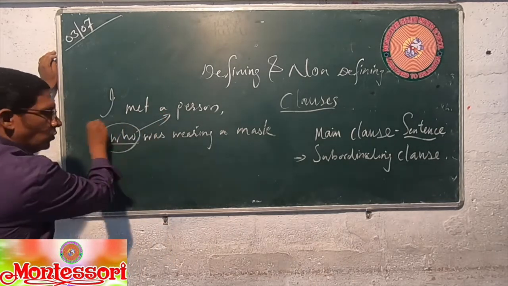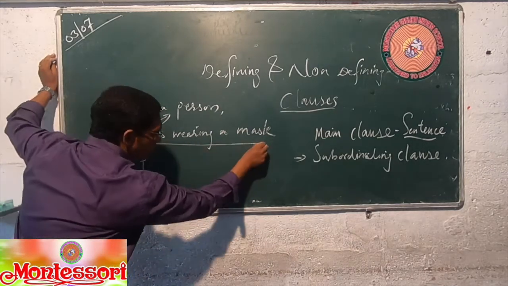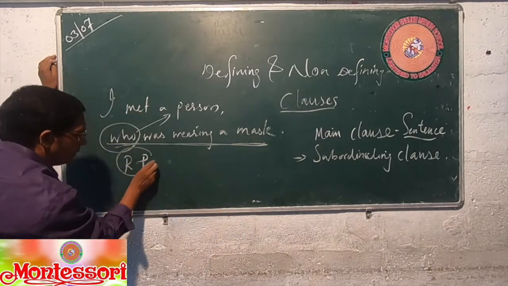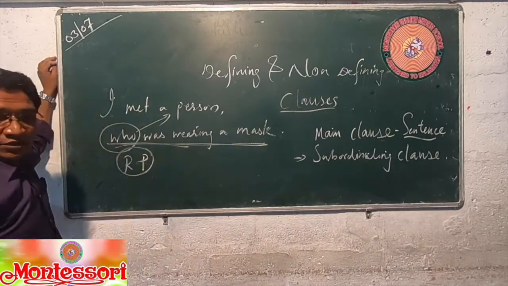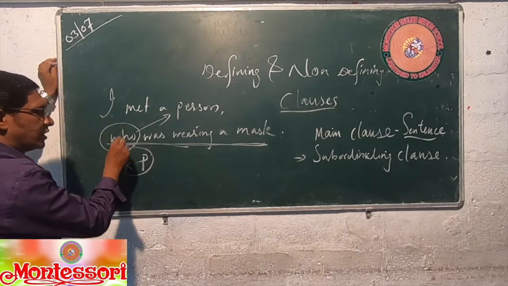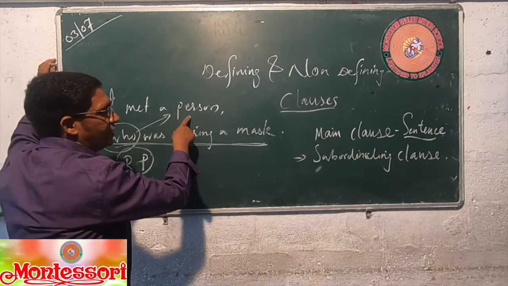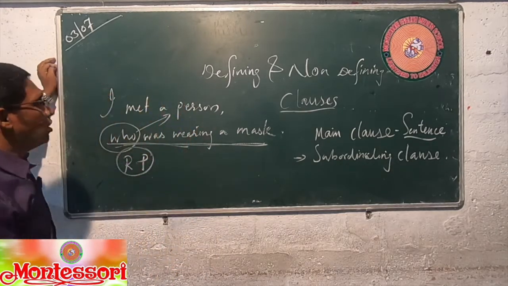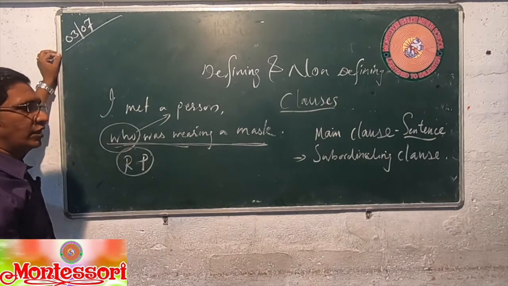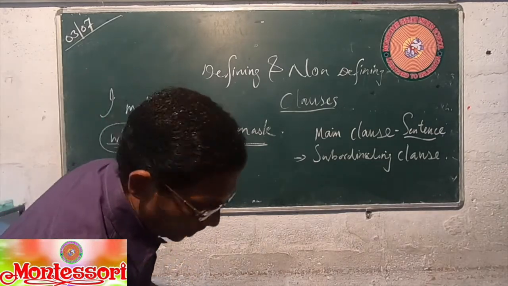And what is this who? Who is a relative pronoun. So the clause which has a relative pronoun is called a relative clause. This point is clear? A clause which has a relative pronoun in it, and this relative pronoun should relate to the person, object or subject of the main clause, is called a relative clause. Point is clear?